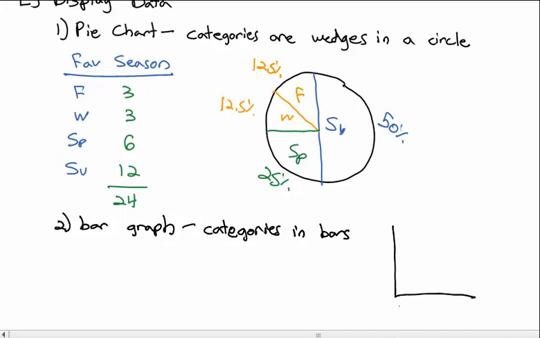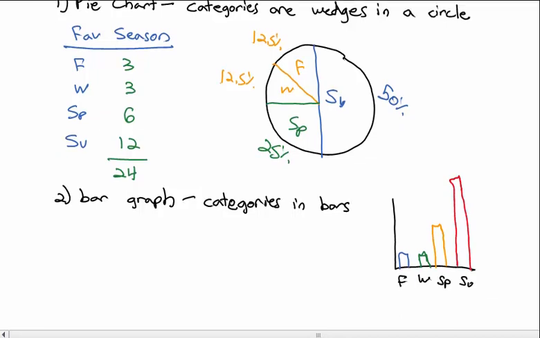So, we can do fall, winter, spring, summer, and then fall has 3, winter also has 3, spring has 6, so it's twice as tall, and summer has 12, so it's twice as tall, and there's a nice little bar graph.